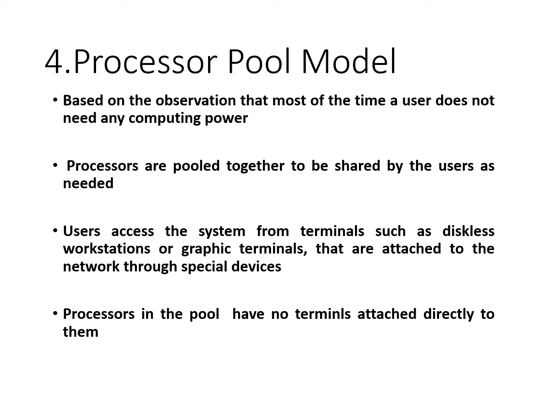So as and when required, for a particular user who demands high intensity work, there will be a pool of processors. That pool of processors will be allocated depending on the intensity of work demanded by a particular user. We will see the diagram.